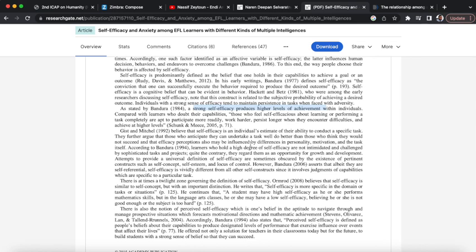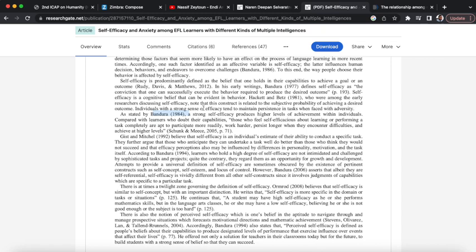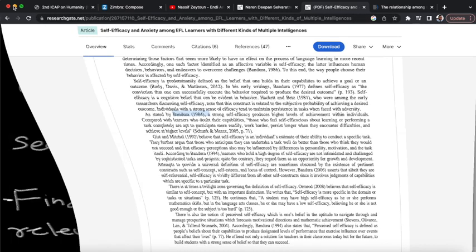There is a lot of information that is originally provided here. So very similar to this, you can actually find these original papers. You have to just go to the reference section of this paper and you can find information. Now I'm going to take this information as well. Self-efficacy produces higher levels of achievement.